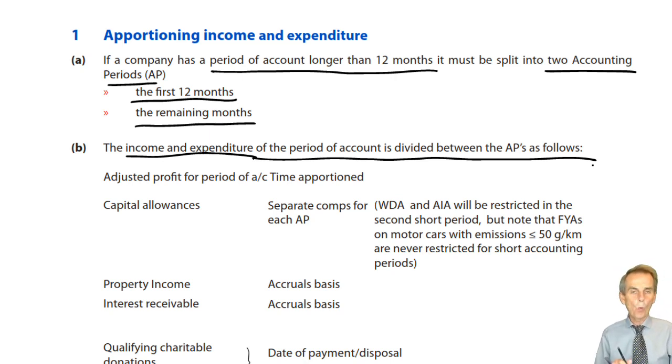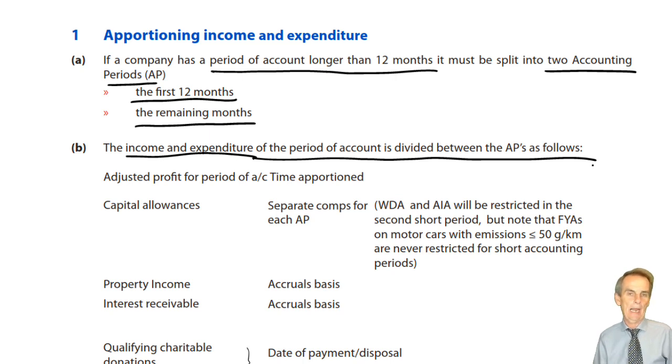We know that the main figure is the adjusted trading profit, and the adjustment of profit exercise is done for the period of account, the statement of profit or loss, whether it was 12 months or 9 months before, and now it may be 15 or 18 months. Whatever it is, you do a single adjustment of profit to get an adjusted profit figure. But that is an adjusted profit before the deduction of capital allowances.